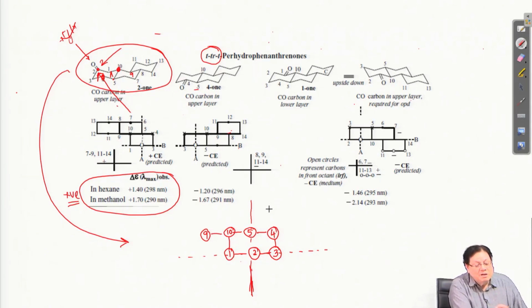Remember 2 and 5: the plane going through 10 is also going through 5, so the equatorial of 5 is at the top. That is 6. So 9, 10, 5, 6, because that is the equatorial one, and the axial goes at the bottom, if you remember the original diagram. Once you fix 4 atoms, it is easy to complete the full picture.